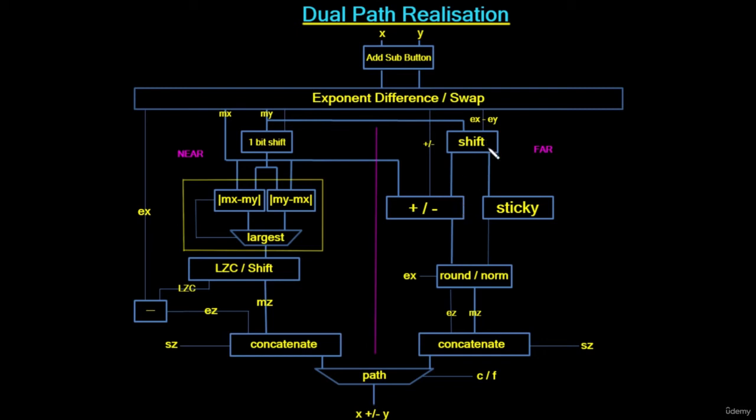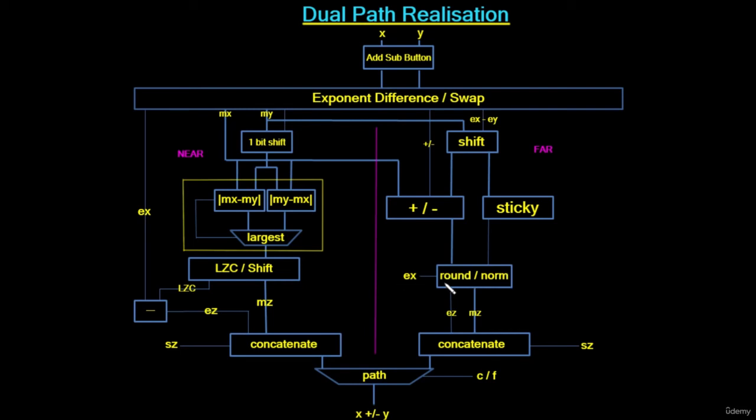We then pass the output here through the sticky bit. Now we've not talked about this before, so this is part of the rounding, but we'll get to this in a different video. And once we've done the adding or subtracting, we then go through the rounding and the normalization.